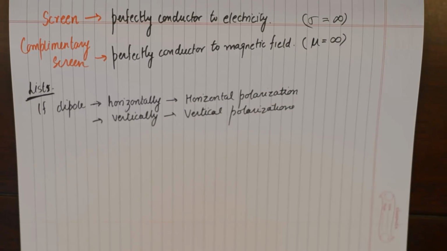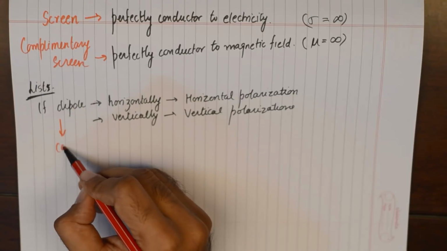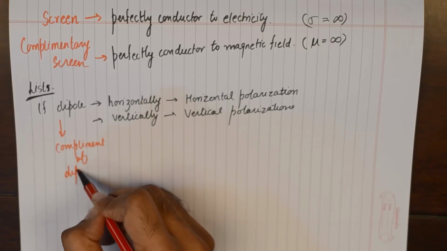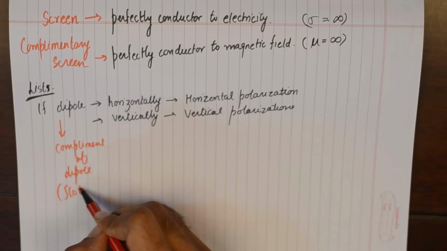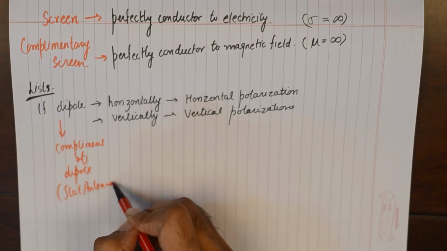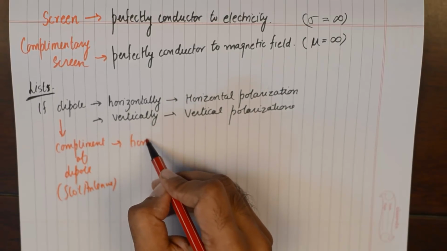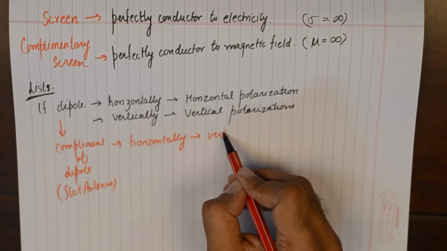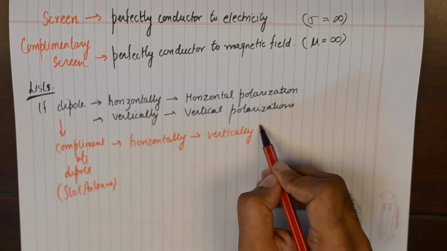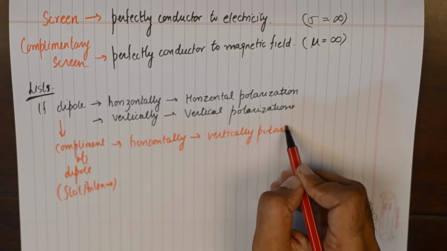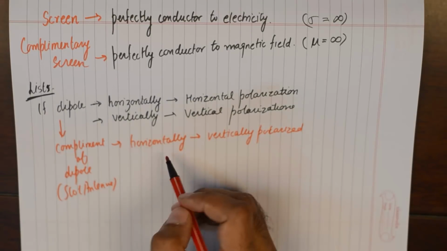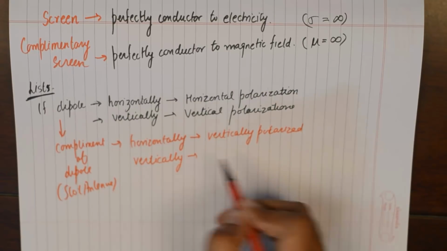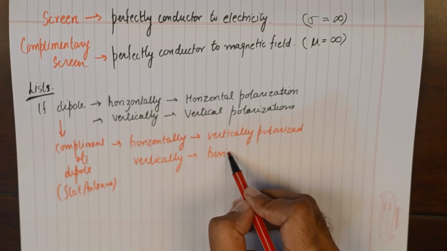But if the complement of dipole, now I'll introduce the term slot antenna, is placed horizontally, it will be vertically polarized. And if it is placed vertically, it will be horizontally polarized.